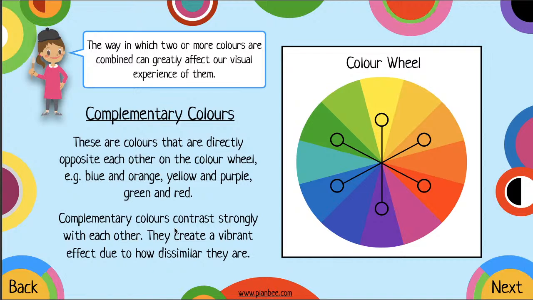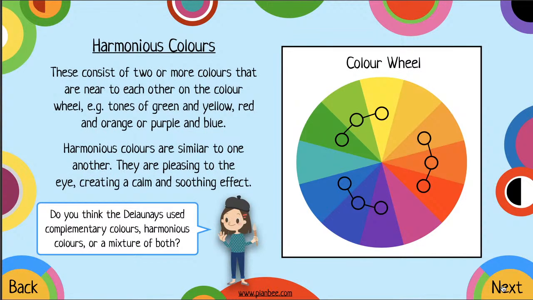Complementary colours contrast strongly with each other. They create a vibrant effect due to how dissimilar they are. Harmonious colours. Look at this. There's a different set of colours that have been circled on the colour wheel now. These three, and these three, and these three.